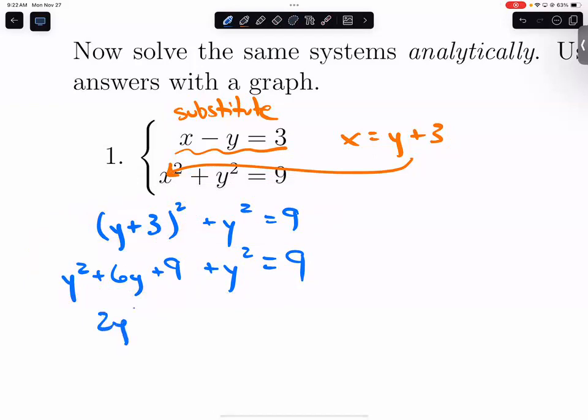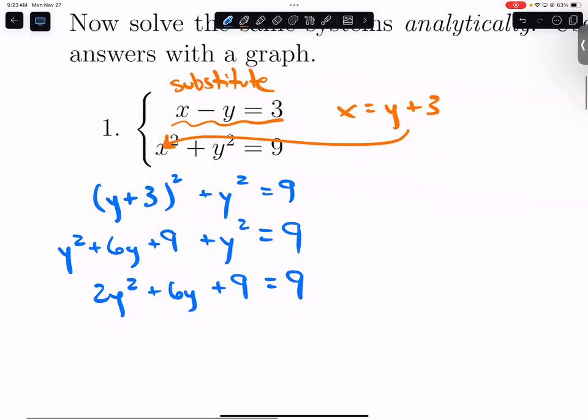So 2y squared plus 6y plus 9 equals 9. And move the 9 over because pretty much everything we know about solving quadratics, we want everything on one side, right? So subtract 9 from both sides. And finally, I get 2y squared plus 6y equals 0.